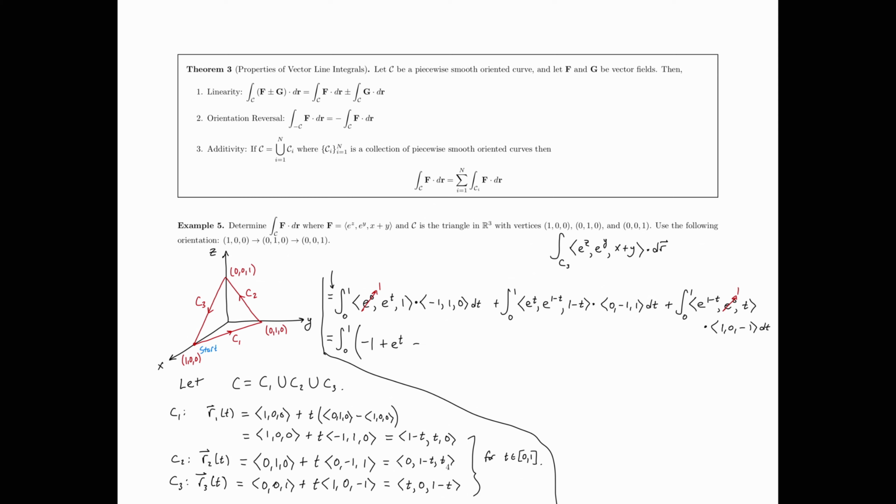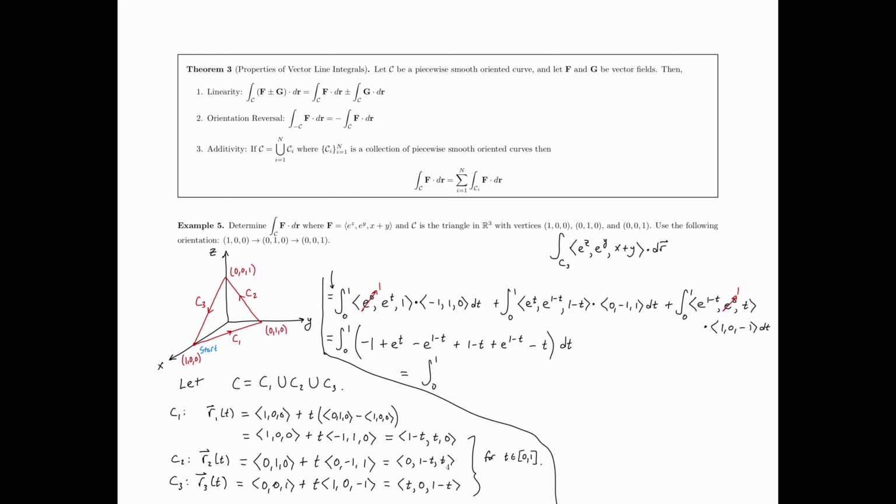So then we'll have minus e to the 1 minus t plus 1 minus t. Here we'll have 1 times e to the 1 minus t plus 0 minus t dt. Much better.